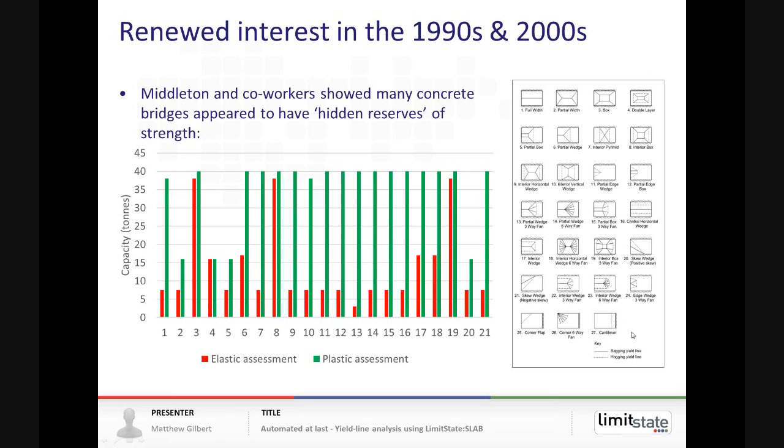However, there's always a concern that there are more mechanisms that could take place or could be critical that aren't considered in the software. So there's a slight danger that the prediction is actually slightly non-conservative.